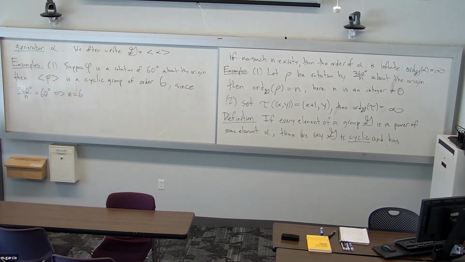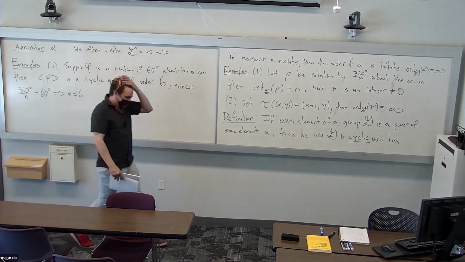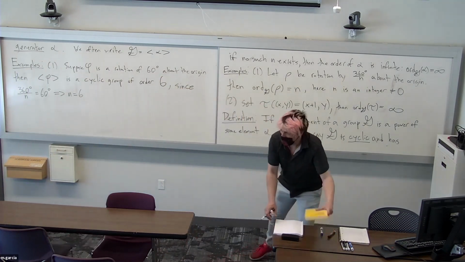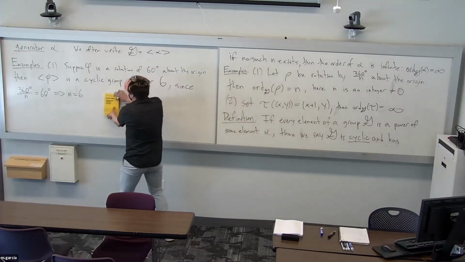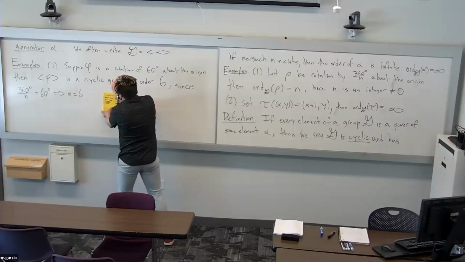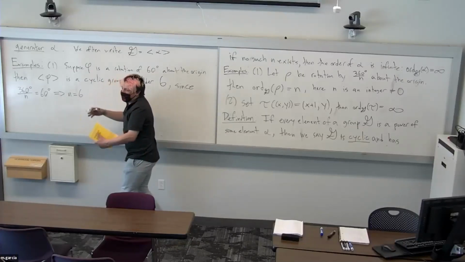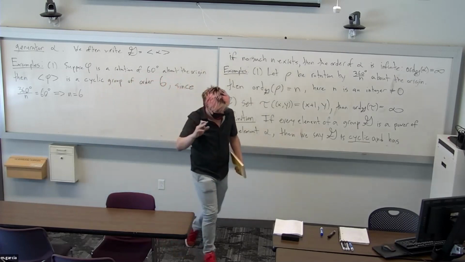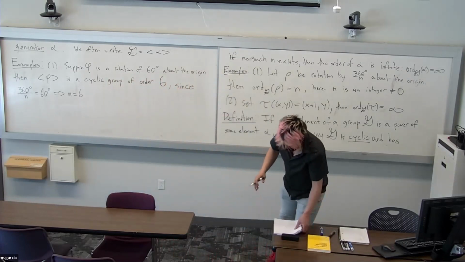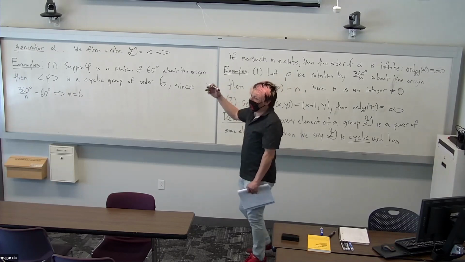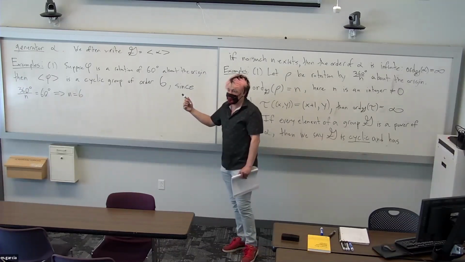Or another way to see that is look at our plane again. Rotate this by 60 degrees, well, I don't know how to rotate by exactly 60 degrees, but it takes 6 rotations of 60 degrees to get back to where you started. Okay?